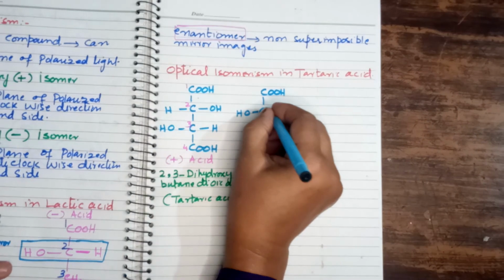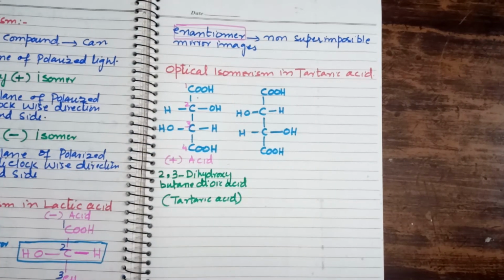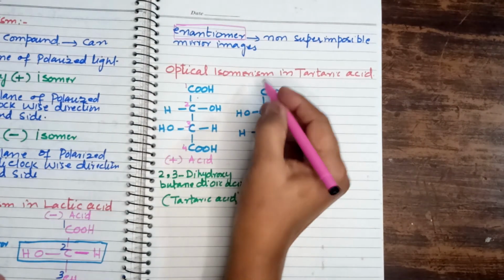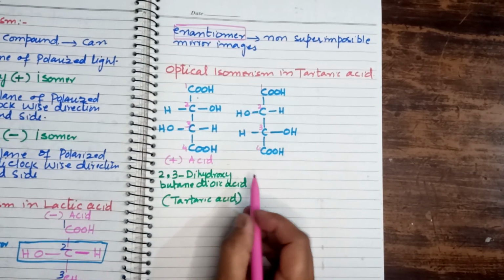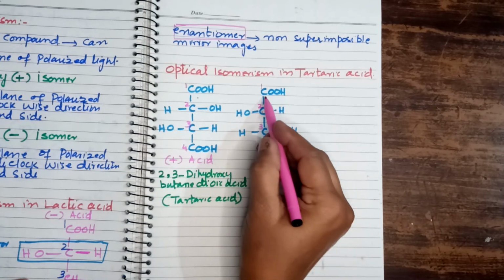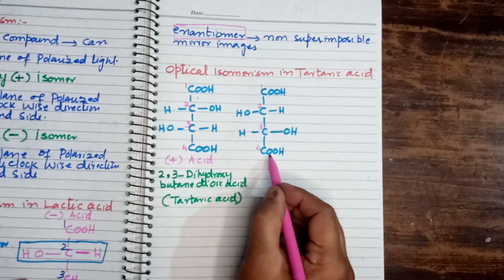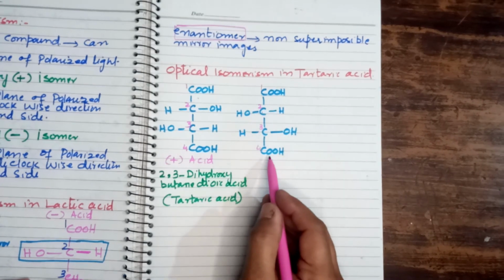Now on the opposite direction we put hydrogen atoms. Again we do the numbering: 1, 2, 3, 4. This is 2,3-dihydroxybutane dioic acid, or tartaric acid.